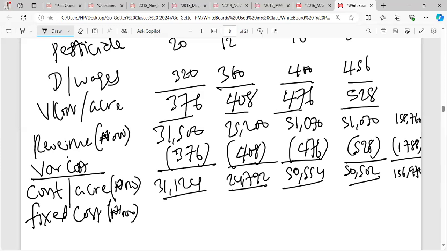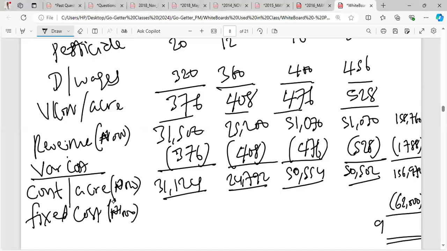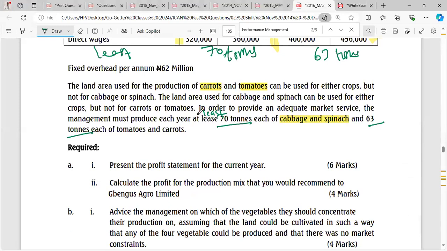So 62 million should give me 62,000. So when I remove 62,000 from this figure here, I have 94,972. Now this is your profit statement for the year.